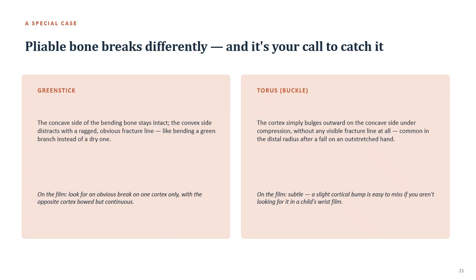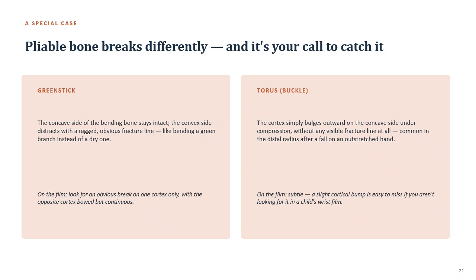The injuries are common near the distal radius after a fall, like when a little kid falls and tries to catch themselves on their outstretched hand. And the findings may only be a subtle bump or irregularity at the cortex.